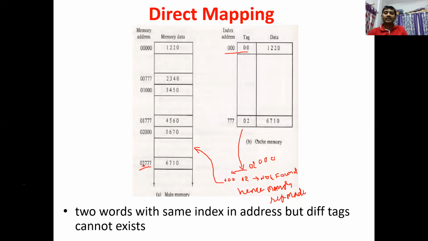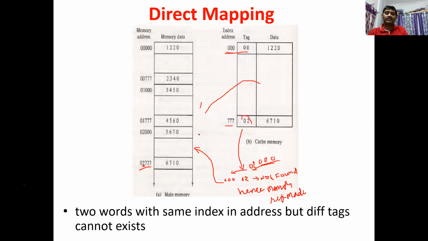For example, I want to check 02000, this is the index and this is the tag. So 000 is here, and I'll check whether the tag is 02. So 02 is here, but its index is 777. So in the cache memory, this particular thing is not available. What will happen then? A memory reference will be made from here to here.